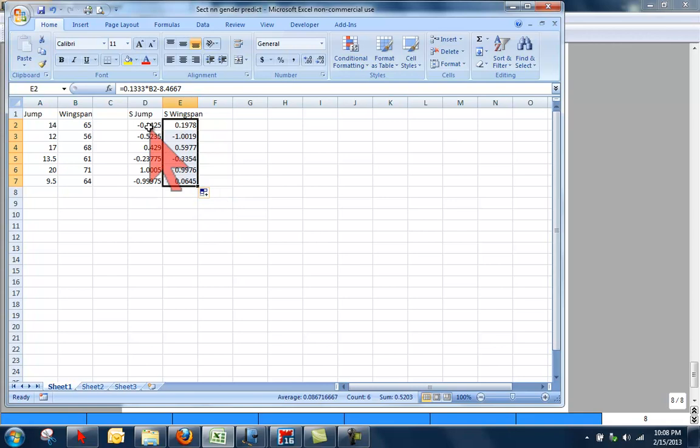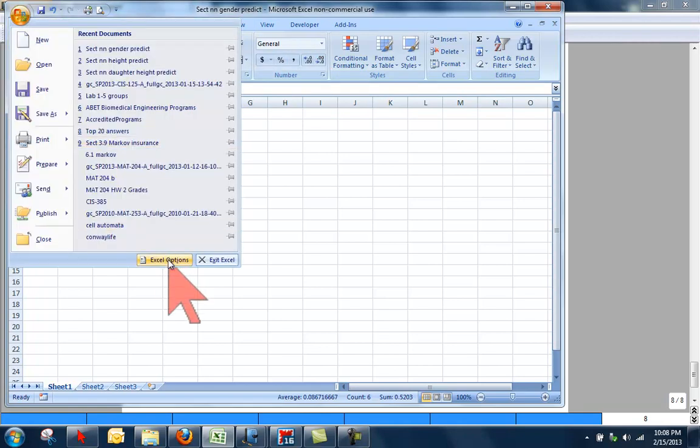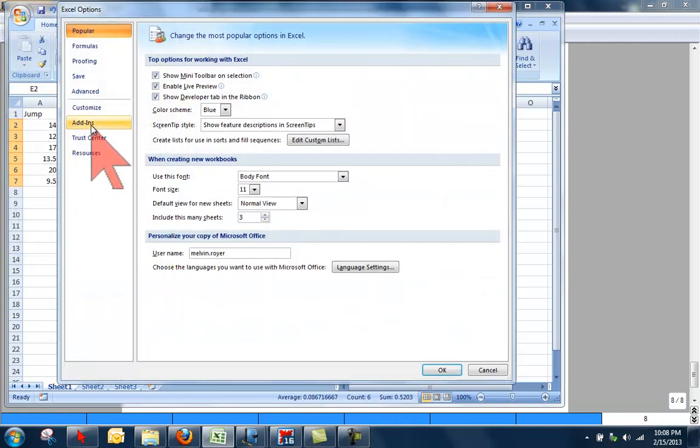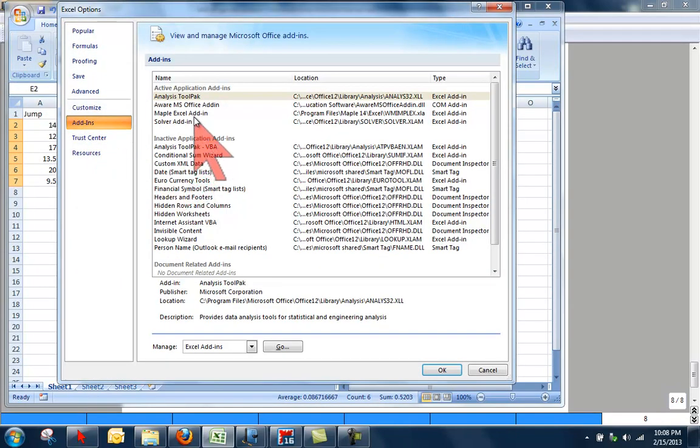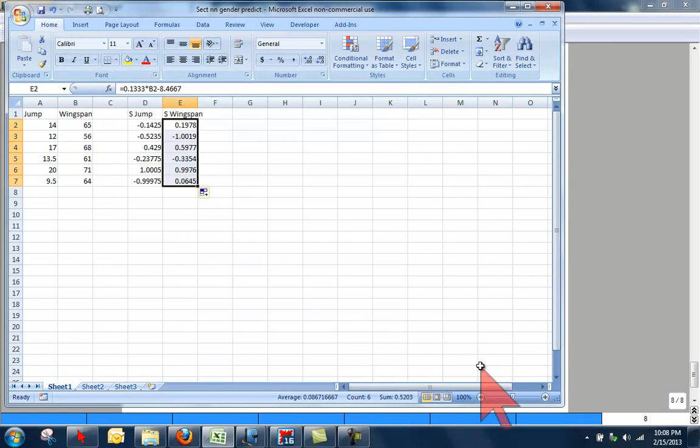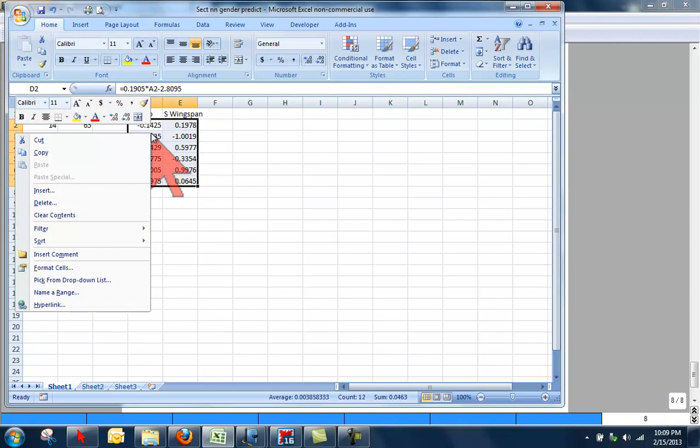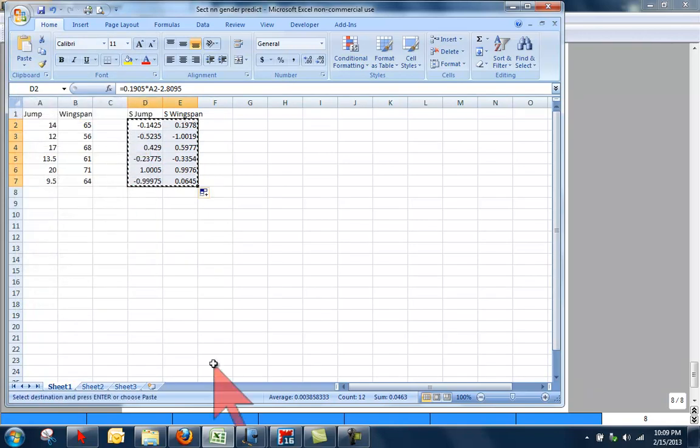Okay, I have loaded the add-in, remember, for transferring from Excel to Maple. And so let's take these scaled versions and copy them.